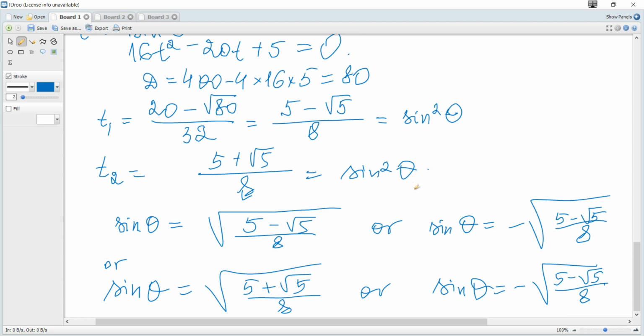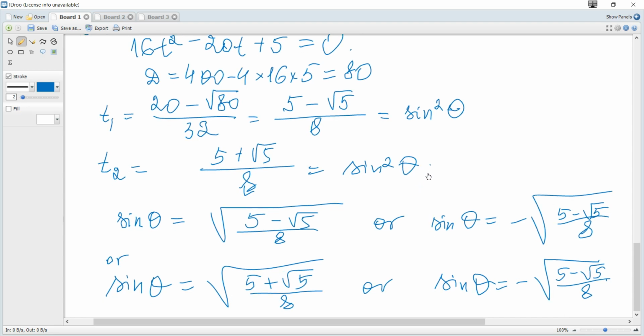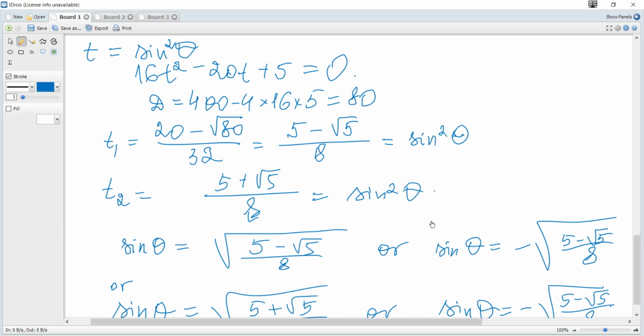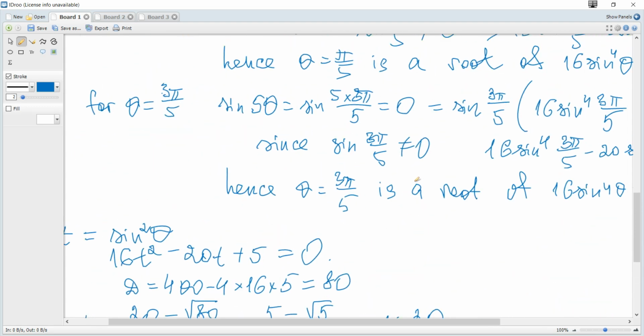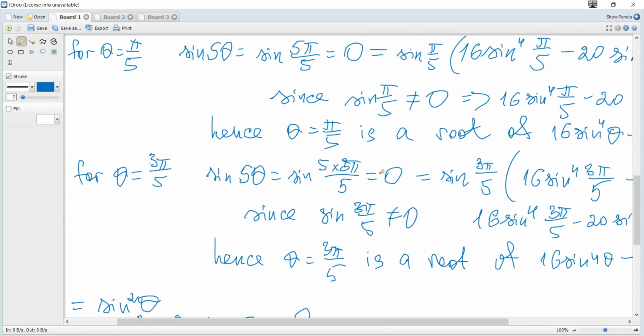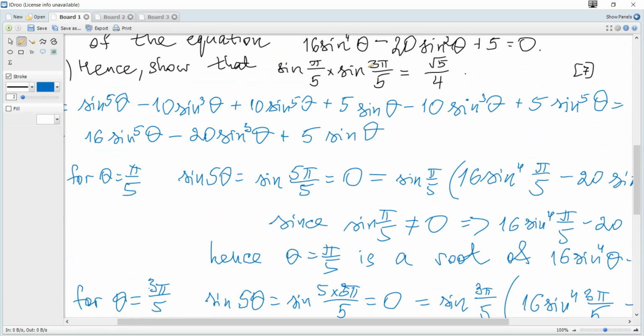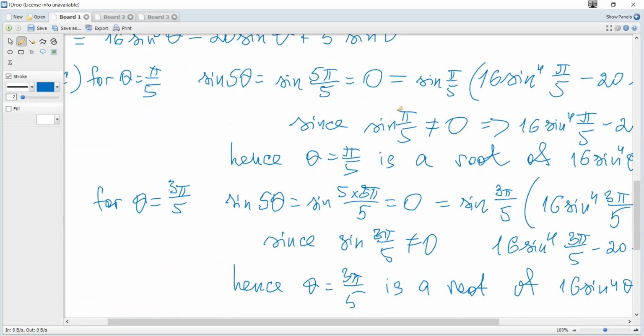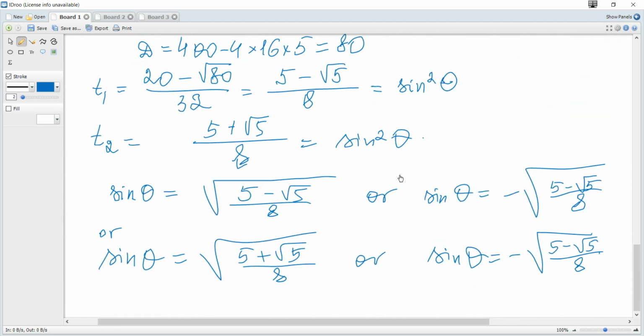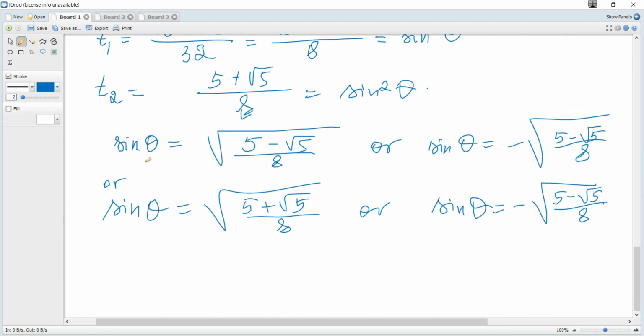Actually, there will be 8 roots, but it doesn't matter here. And among them, there will be our 2 roots, pi over 5 and 3 pi over 5, and their sine values will be among these 4 possible values.